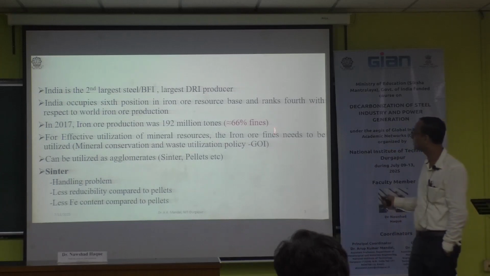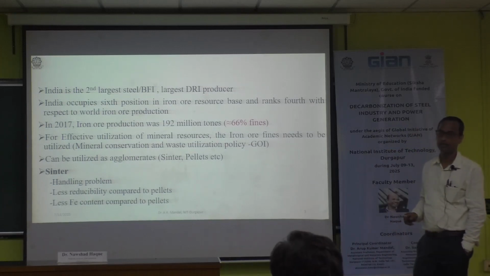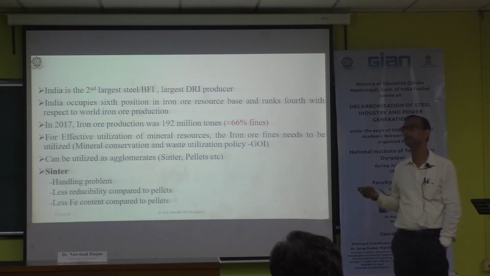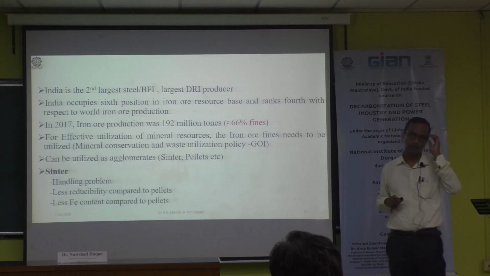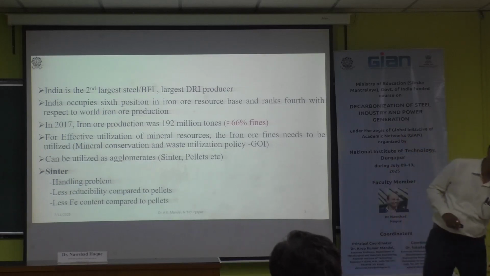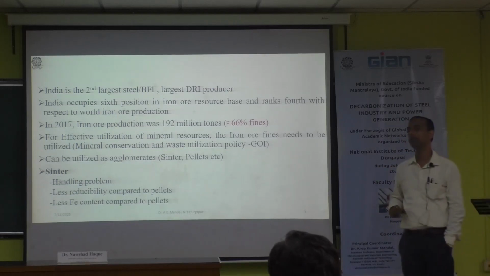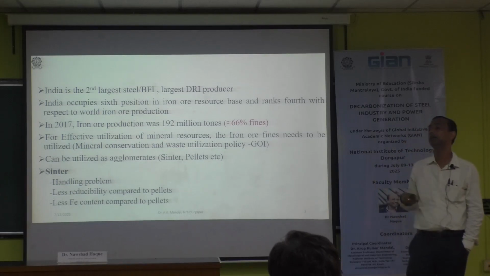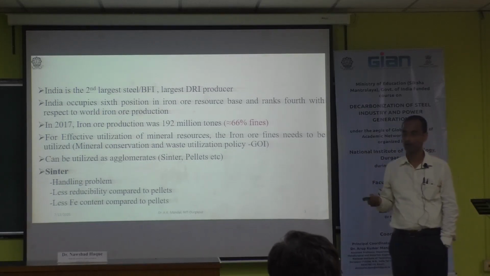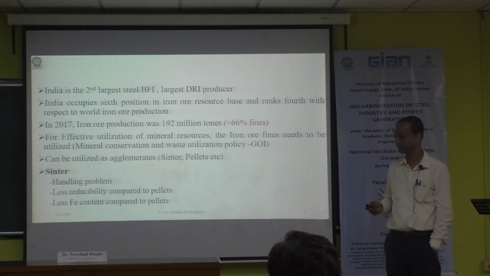And if you see this huge amount of fines, the main reason for this huge amount of fines is like softer nature. Iron ore, Indian iron ore, typically softer in nature. Therefore, when it mines, what happens? It generates a lot of mines, which you cannot directly use on a chart materials.